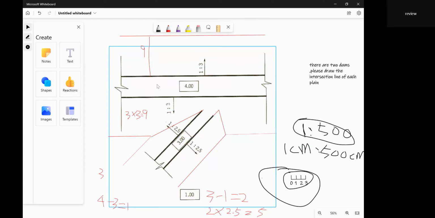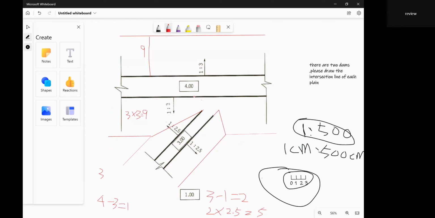So we have to draw a contour line with the same elevation as this top.